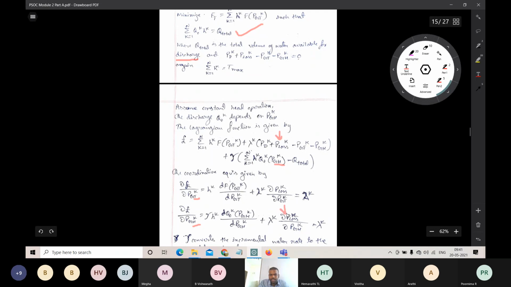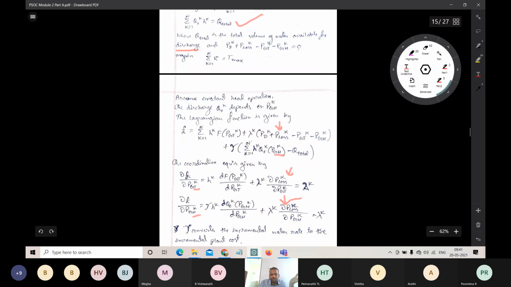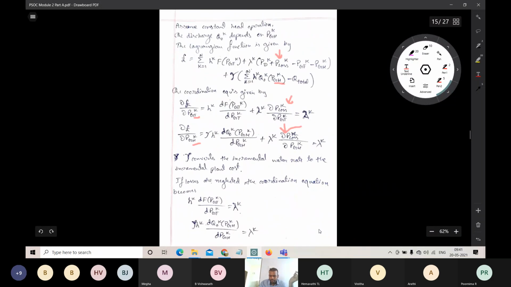These are the losses occurring while generating in the hydel plant, and the earlier ones were the losses at the time of running the thermal station. So this is also given by lambda k.